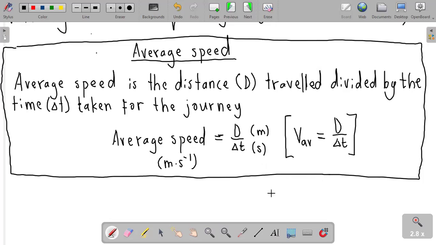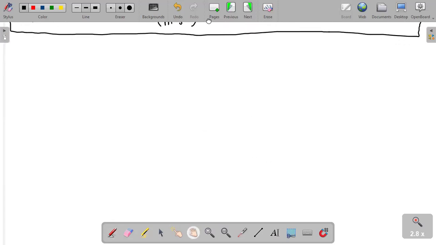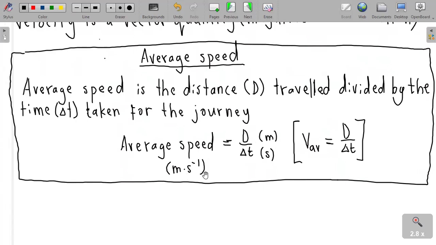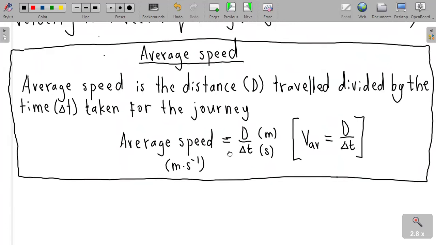And you should know how to convert all the units: meters, seconds, and meters per second. It should be this way before we start calculating. So we don't use centimeters or minutes or kilometers per hour. Like for example, if you're given kilometers for the distance, you should know how to convert.